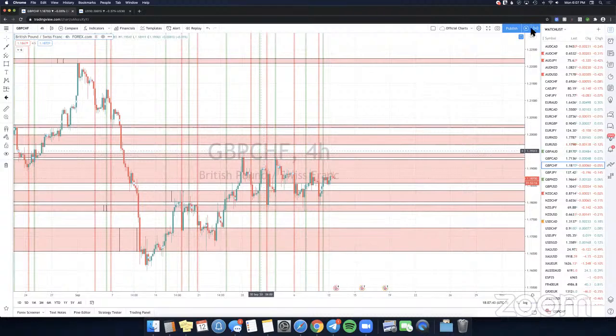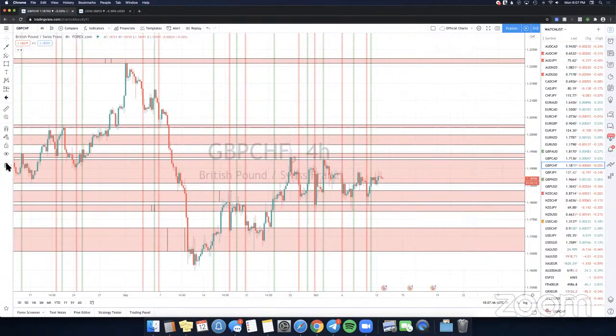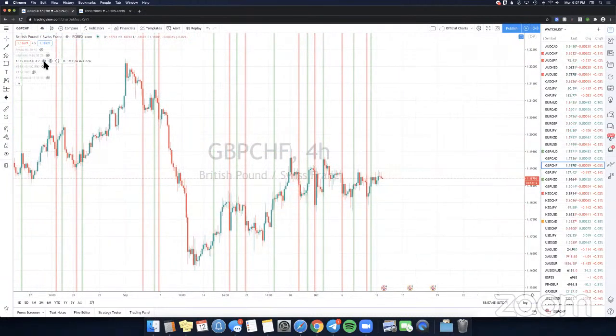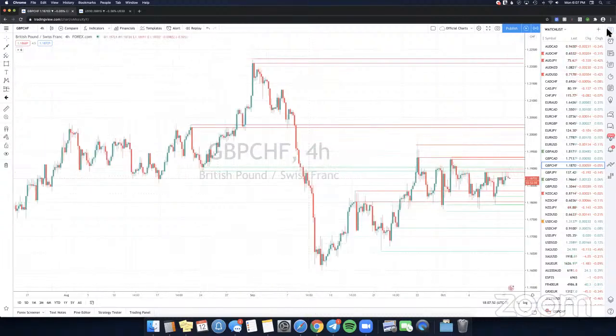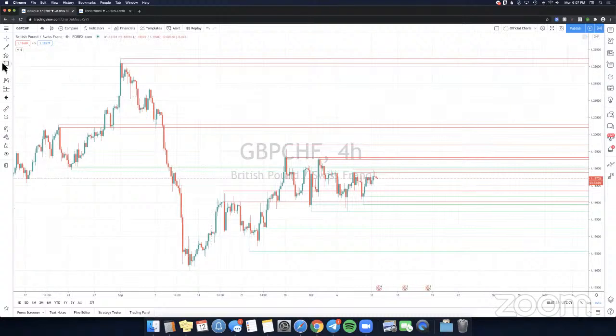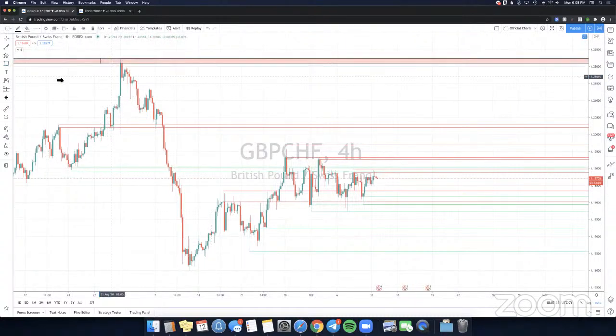GC over here. So GBP CHF. Let's delete these zones. Turn on the K2SR indicator, and let's draw our zones over them. All right, there we go with that.